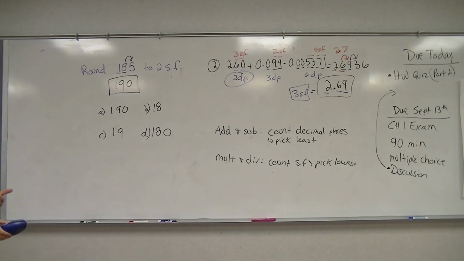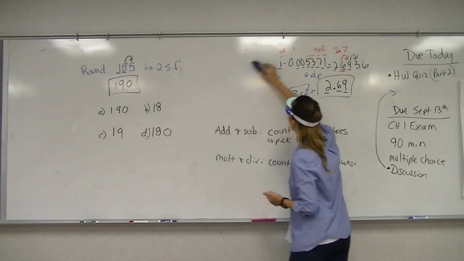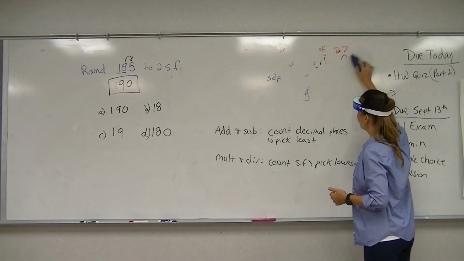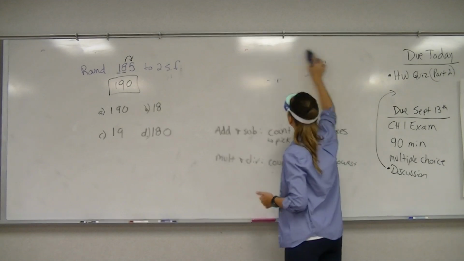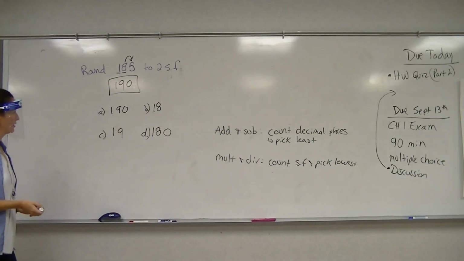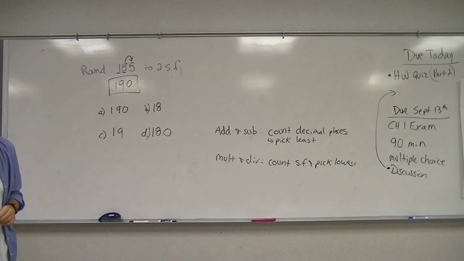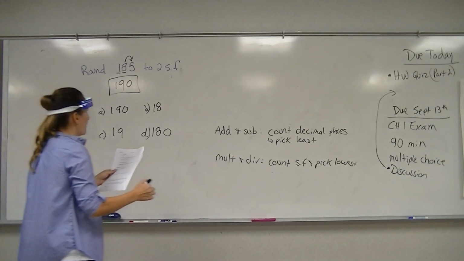All right, let's do another calculation. I'll do it over here where my rules are. So we did an addition and subtraction. Now let's do multiplication and division. So the particular one on here is a division problem.